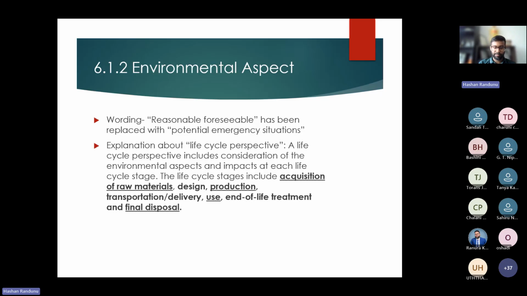But when we come to the 2026 version, that term has been replaced with potential emergency situations, right? So the words reasonably foreseeable have been replaced with the word potential, right? So when we come to the 2026 version, we need to use imagination. What would happen to this facility? What would be the potential emergencies to this facility? Once we identify those potential emergencies, then we need to consider environmental aspects from those potential emergencies as well, right?